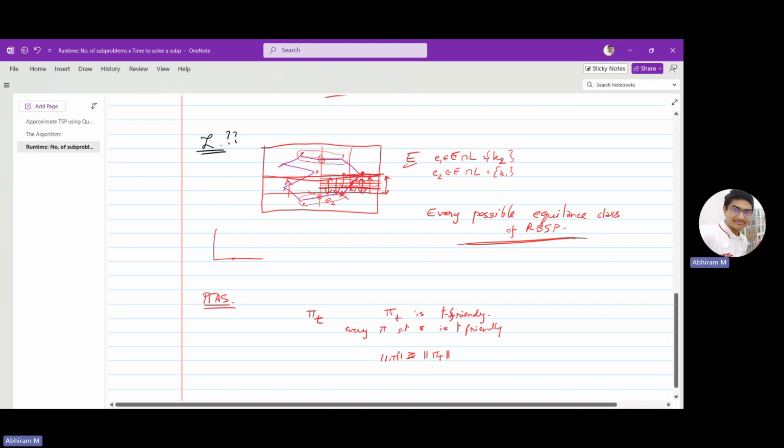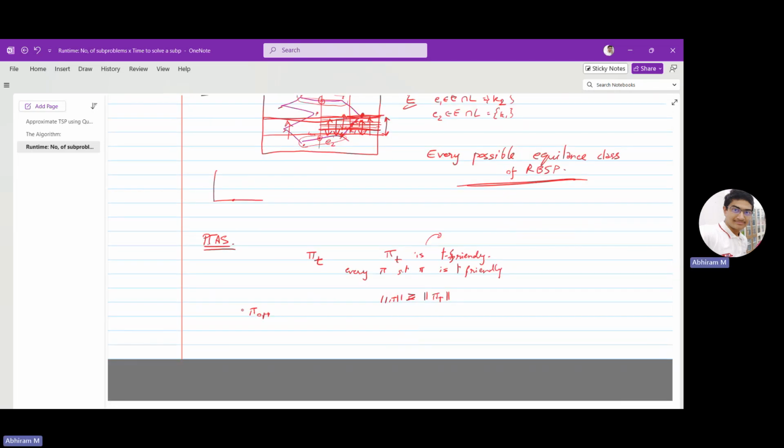So Pi-t is the shortest t-friendly TSP path, TSP tour. And PiOpt is, of course, obviously my shortest possible TSP tour, which need not be t-friendly. And when I say a tour is t-friendly, it means it admits a t-friendly RBSP, right? So this is supposed to be read as: Pi-t has an RBSP script R such that it is t-friendly with Pi-t.